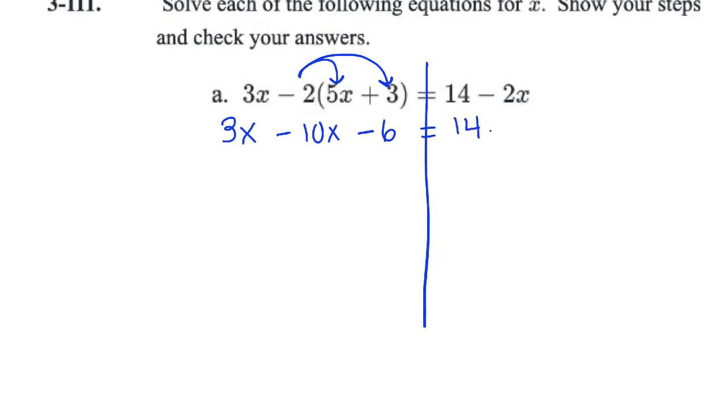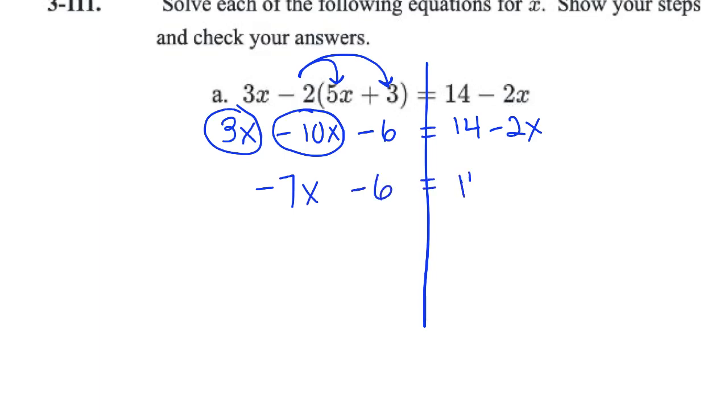On this side, so far I've done nothing. Now on the left-hand side, I'm going to combine my like terms. My like terms are my 3x and my negative 10x. When I combine those, I get negative 7x. I still have my minus 6. And on this side, I haven't changed anything.